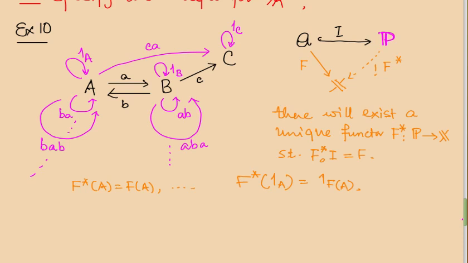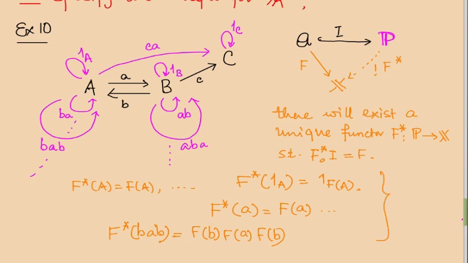And then f star of A should be f of A. But what should be f star of BAB? Well, if it has to be a functor, then it should be fB, fA, fB. And that is well defined because these are morphisms in X which can be composed. So that actually gives an idea of how you define this functor f star.